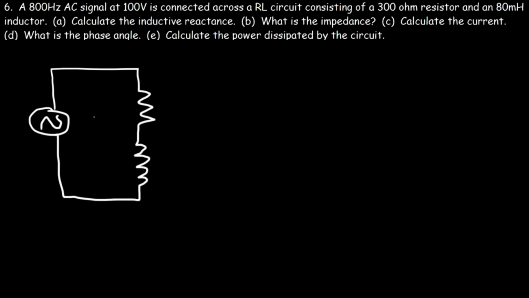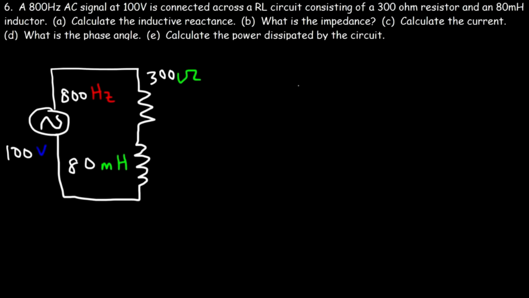The frequency of the signal is 800 Hz, and the voltage is 100 volts. We have a 300 ohm resistor and an 80 millihenry inductor.